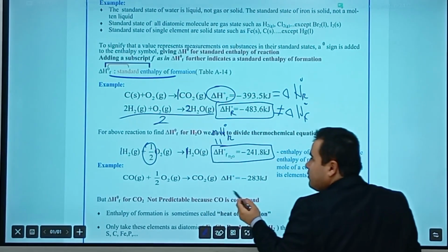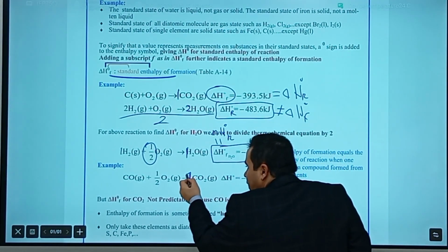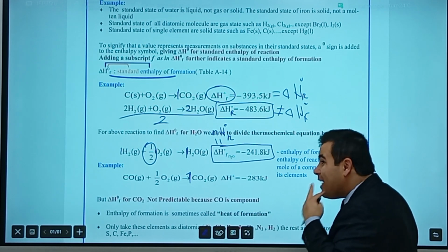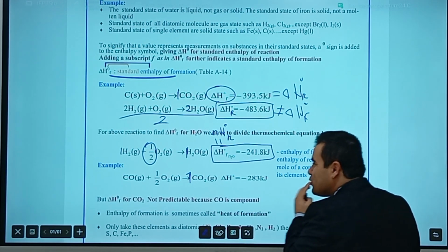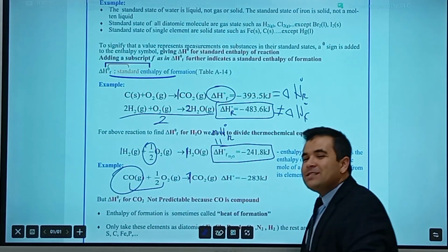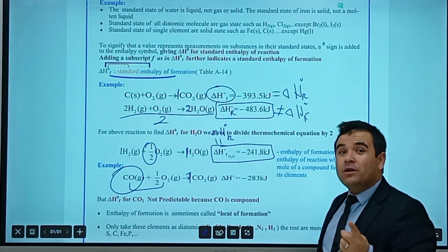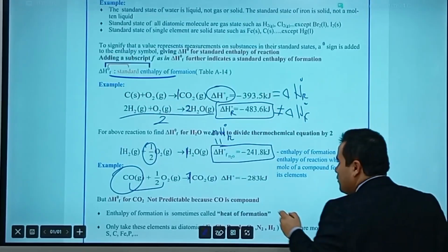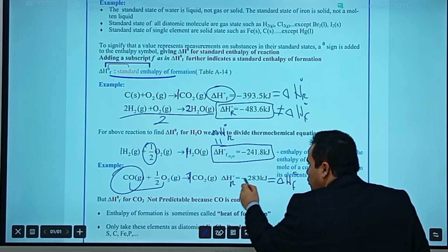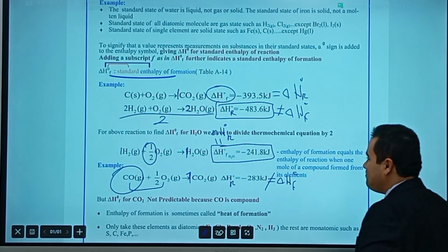The other example, 1 mole of a compound formed. But guys, there should be the other requirement also, from the elements. CO is not an element, it's a compound. So you have to know that in this case delta H_f is not equal to delta H_R.